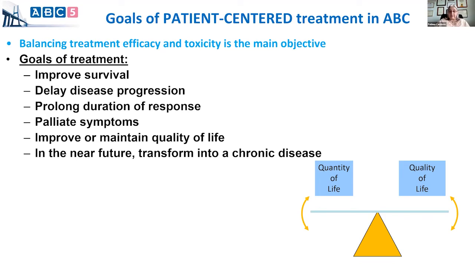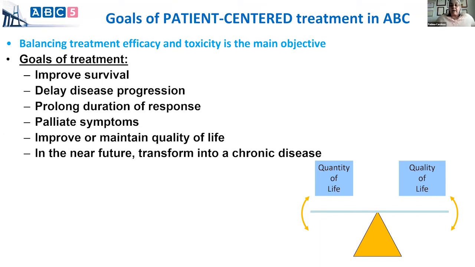Also that delays progression, has a durable response, and at the same time can control symptoms and improve or maintain the quality of life. So to do that, it cannot be too toxic. Otherwise, the toxicity of the drug will not allow the quality of life to be improved.